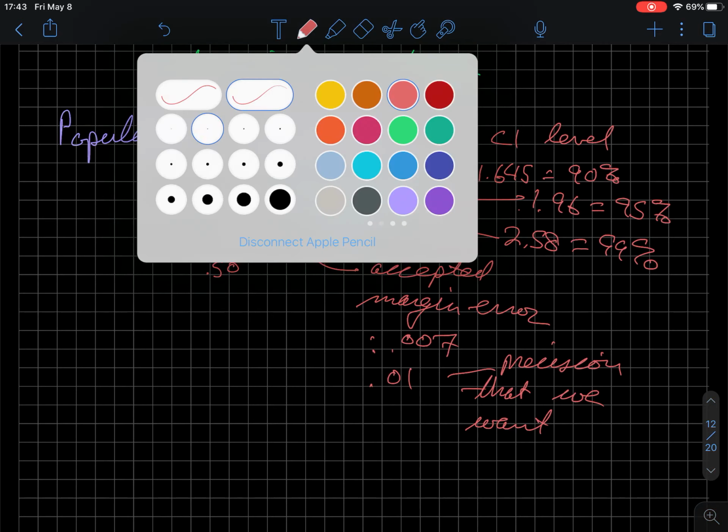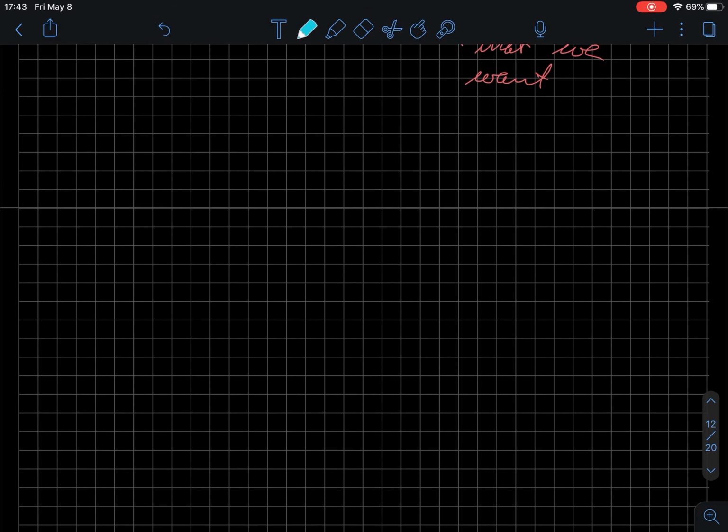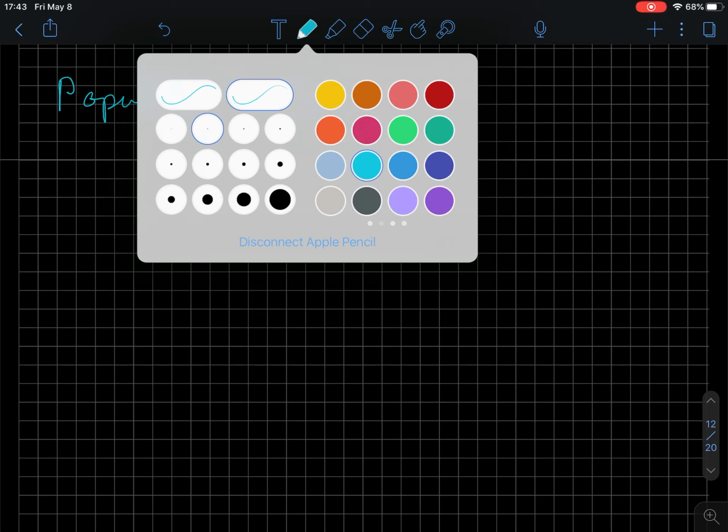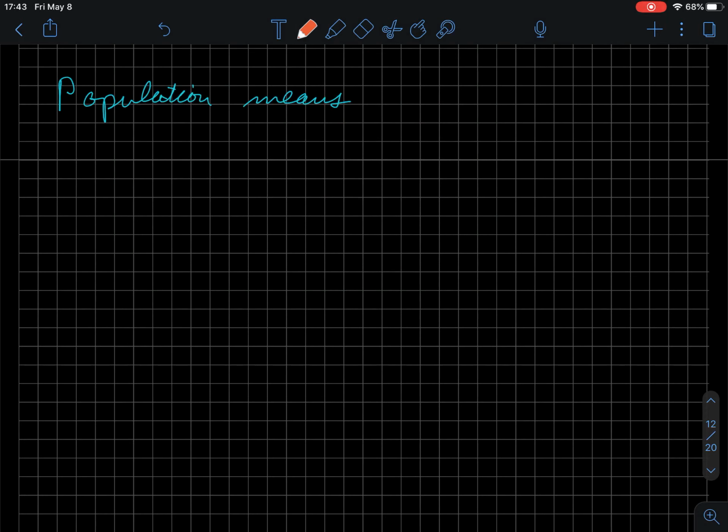Now, another note that we'll make here is that there is a different formula for calculating population means. It is not the same formula. So the way that we would end up calculating this one, we'll use orange for this. Again, we're trying to find n, the sample size, is sigma squared times the z level divided by the precision.